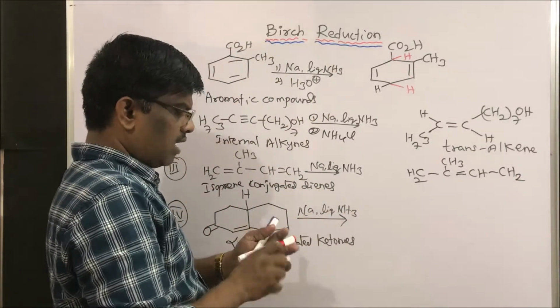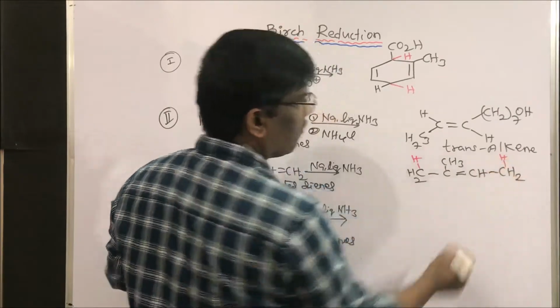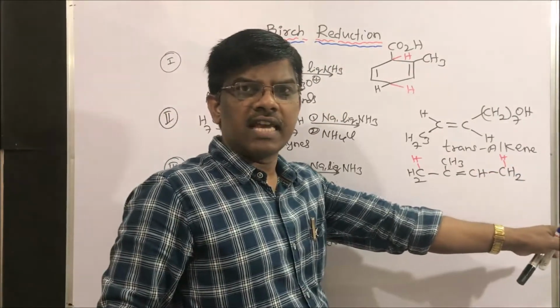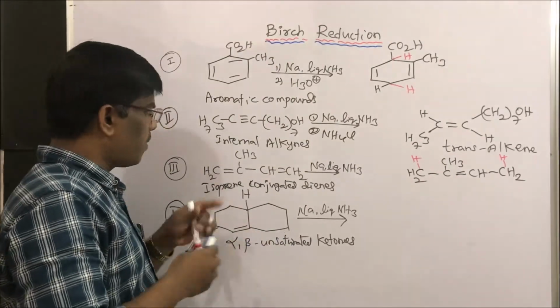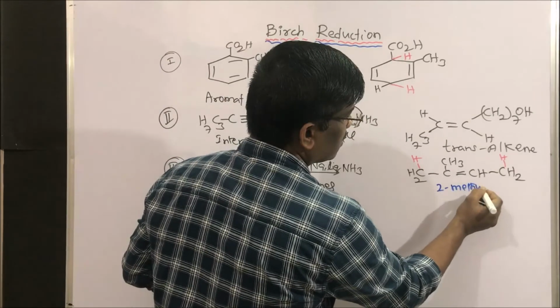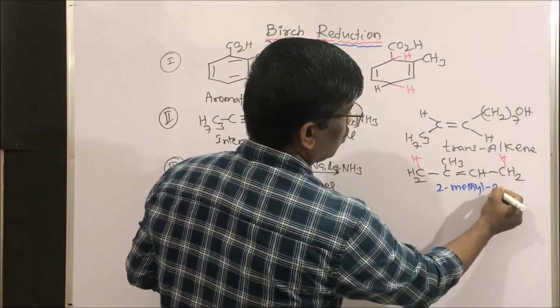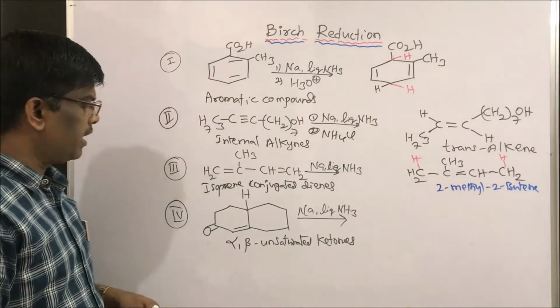So newly added hydrogens are here and here. 1,4 addition of hydrogens takes place by Birch reduction. To give what compound? From isoprene we will get 2-methyl 2-butene. What is the compound? 2-methyl 2-butene.